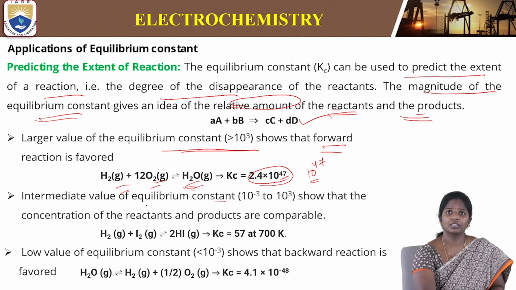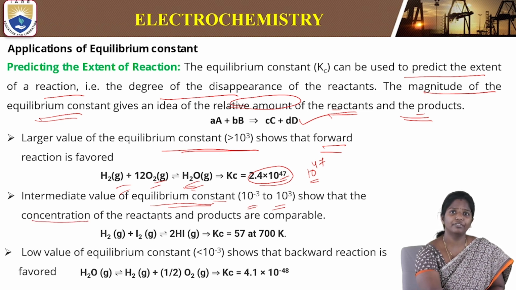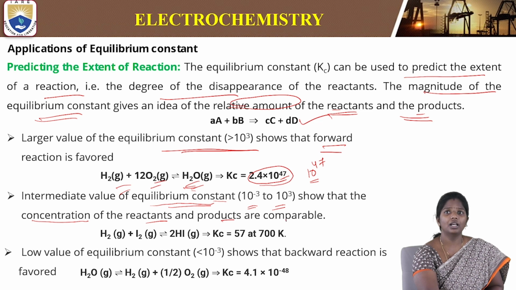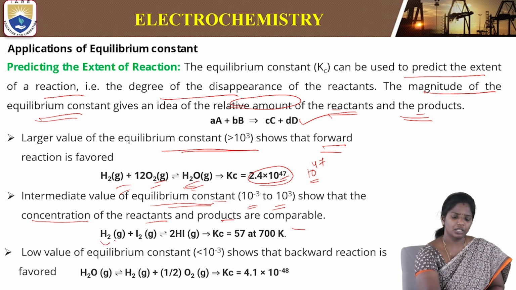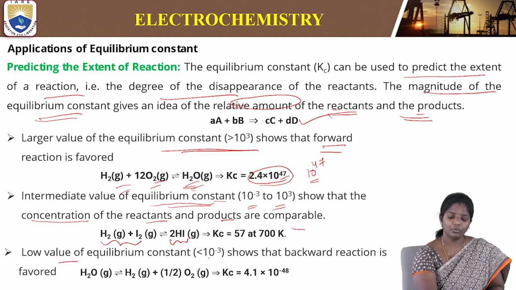If the equilibrium constant has an intermediate value, like 10 power minus 3 to 10 power 3, it indicates the concentrations of reactants and products are comparable, almost equal. Then at a lower equilibrium constant, less than 10 power minus 3, like 10 power minus 48, it indicates that the backward reaction is favored.